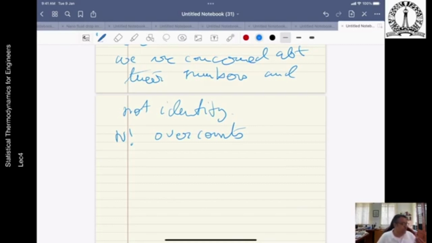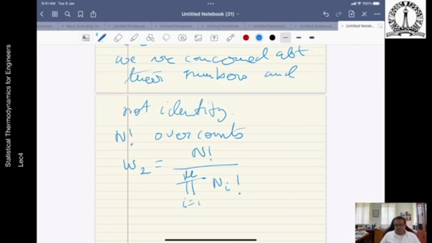Therefore we have to correct for it. So the number of counts, if I write it as W2, becomes n factorial divided by the product over i equal to 1 to m of n_i factorial.